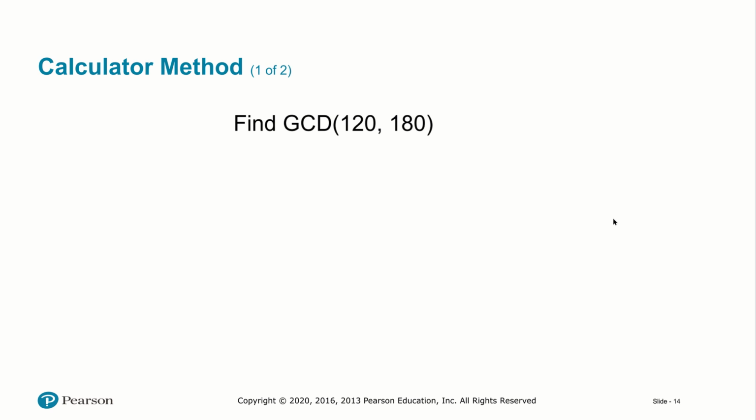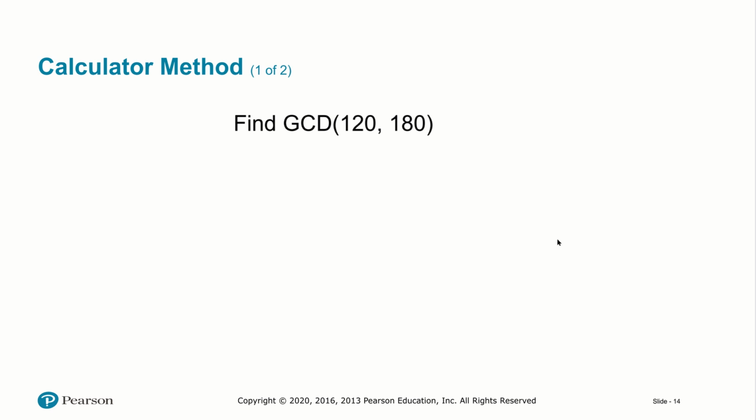But think of this as a way to check your answers to make sure you've done it correctly, not as a way to do the problems. Unless, of course, the instructions say use a calculator to find the GCD.